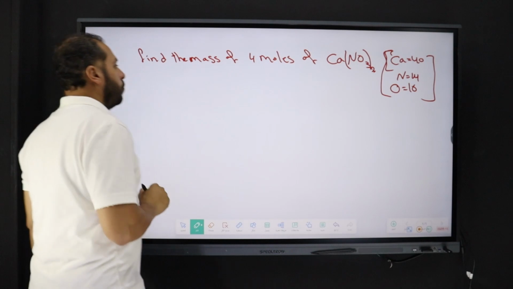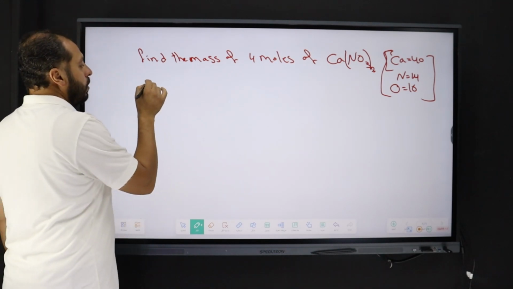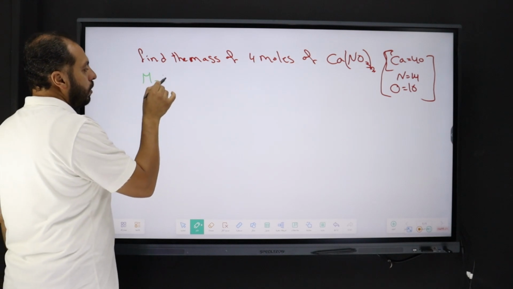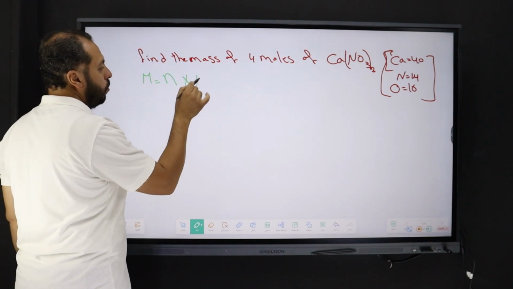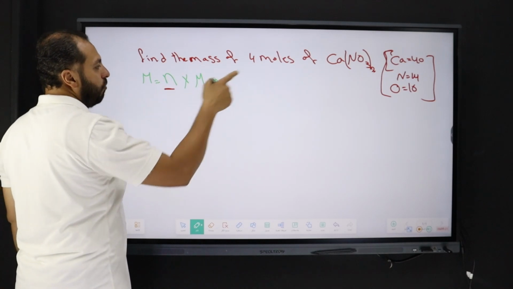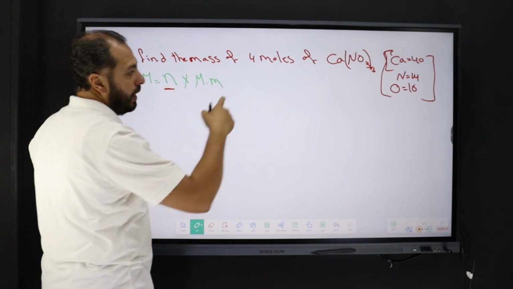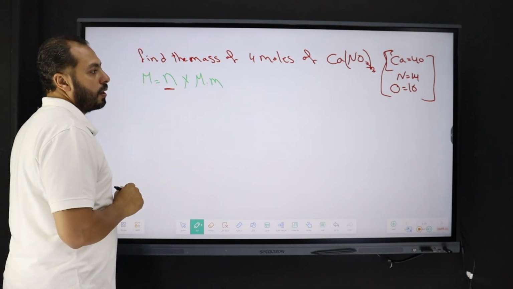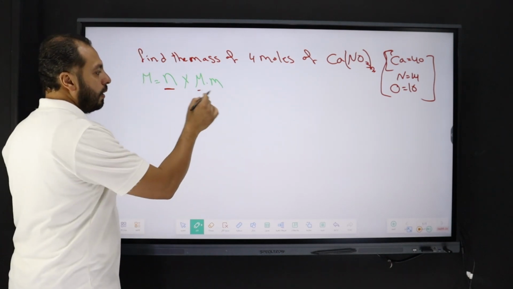We have the mass equals number of moles times molar mass. We have the number of moles that equals 4, but we have calcium nitrate, so we want to calculate its molar mass.